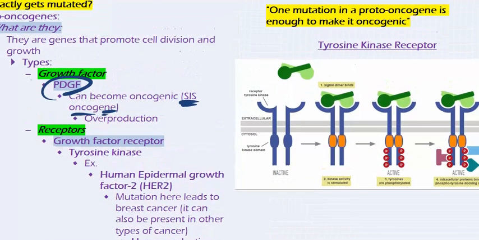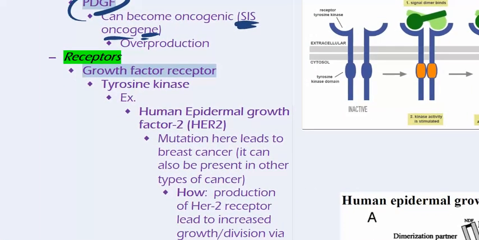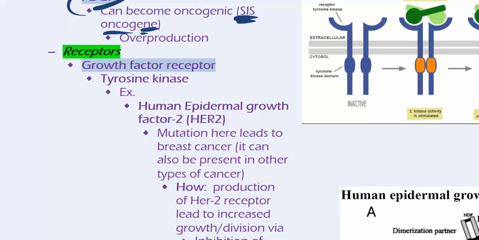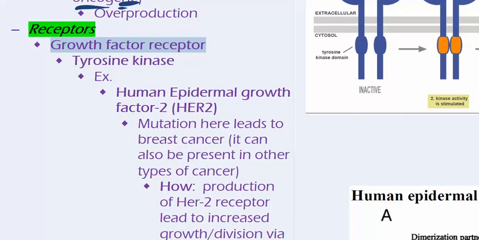Okay, so that was for the growth factor. This is the growth factor that he mentioned in class. Now for the receptors, the main ones mentioned in class are your tyrosine kinases. When you're looking at those growth factor receptors, they're going to be tyrosine kinases. I will show you how the receptor works in a couple seconds.